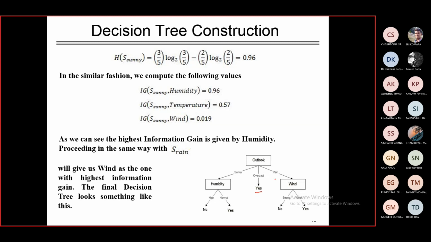So for this branch we choose the wind attribute, and from this internal node two branches come out. One is labeled strong and the other is weak. That means strong and weak are the two different values of the wind attribute. So this is the final decision tree.